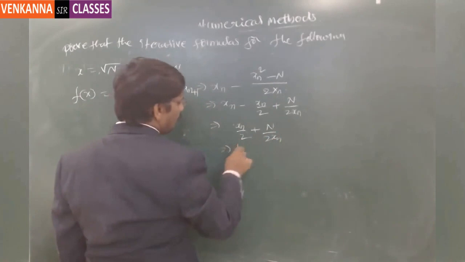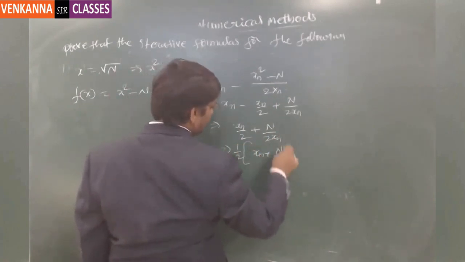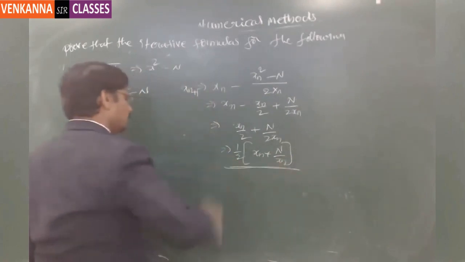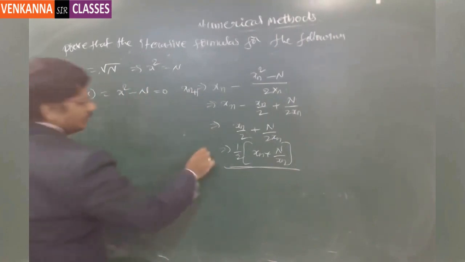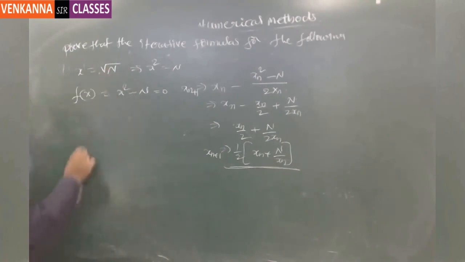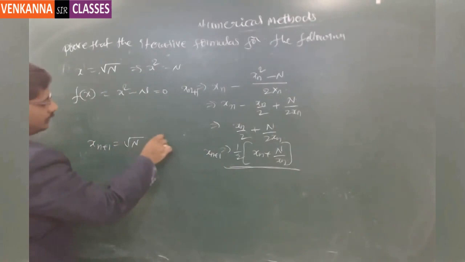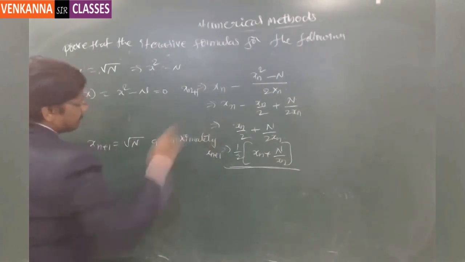If you take 1 by 2 out, then (xn plus n by xn) is the iterative method you can adopt to calculate the value of this function x square minus n. If x square minus n is equal to 0, then the solution of x is going to be xn plus 1, which is the value of root n. So xn plus 1 will give the root n approximately. Got it?